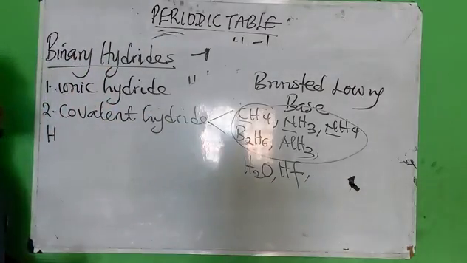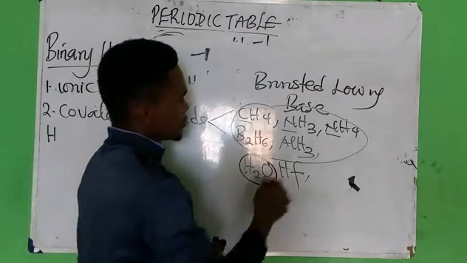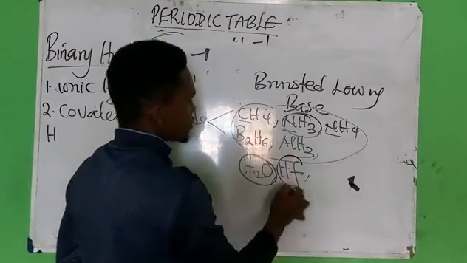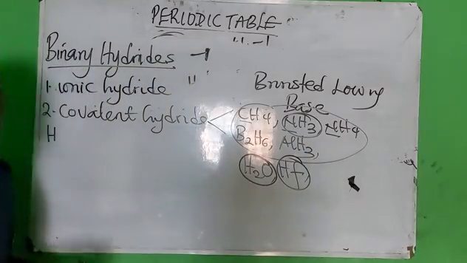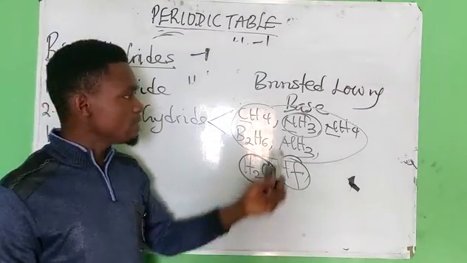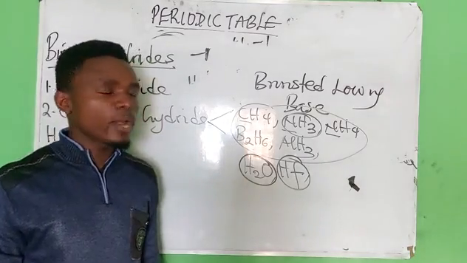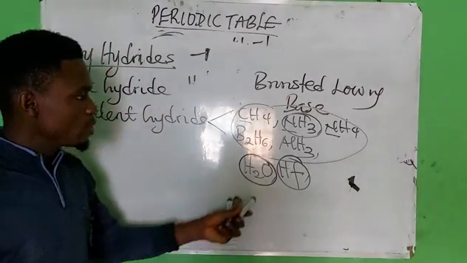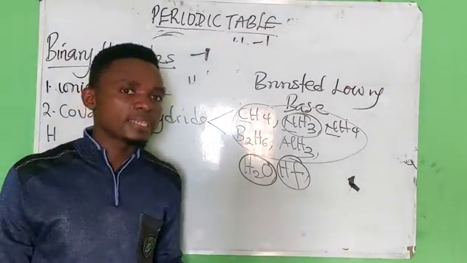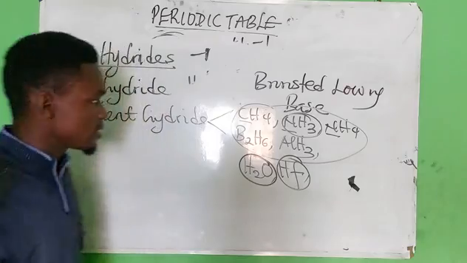From what we've written, my major focus is on these. So if I may ask you, which of the following covalent hydrides is acidic when dissociated?